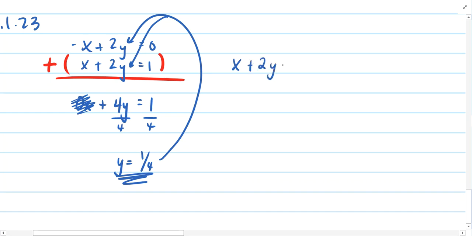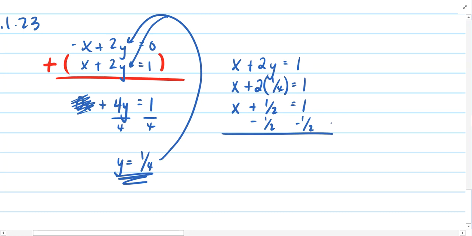So I have x plus 2y equals 1. I also know that y is equal to 1/4, so I'll make that substitution. And 2 times a fourth is equal to 1/2. And if I know that x plus a half is equal to 1, then by subtracting 1/2 from both sides of the equation, we'll cancel these here, and I'm left with x being equal to 1/2.